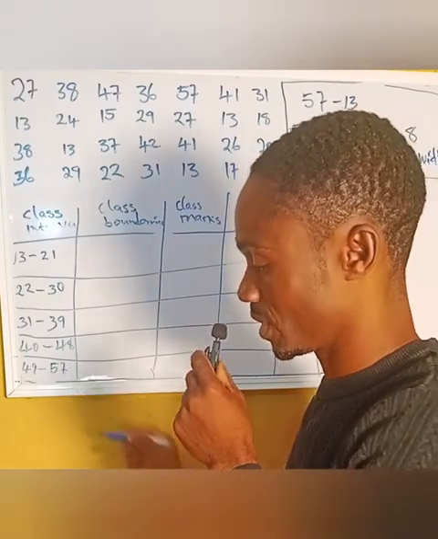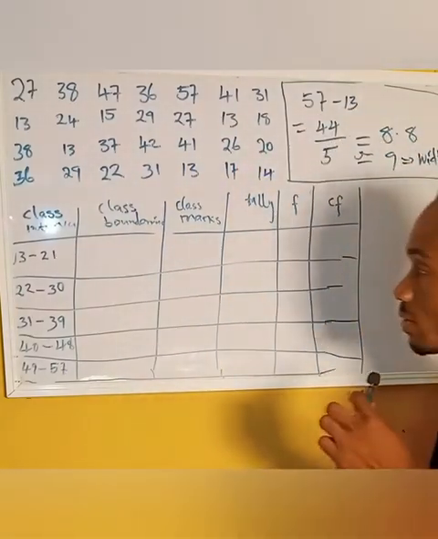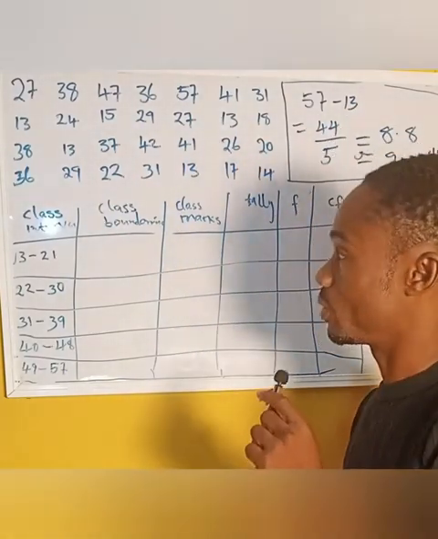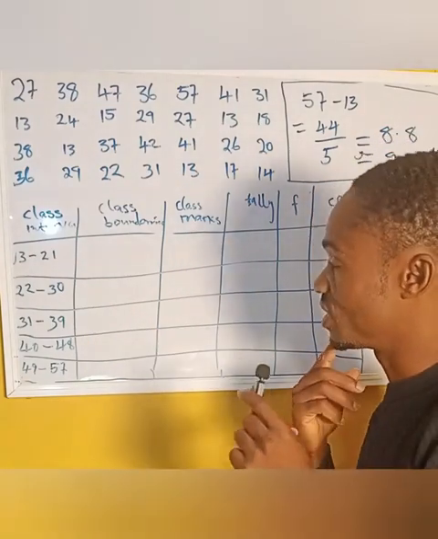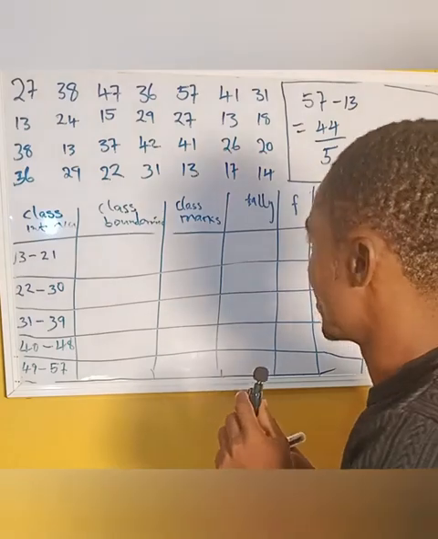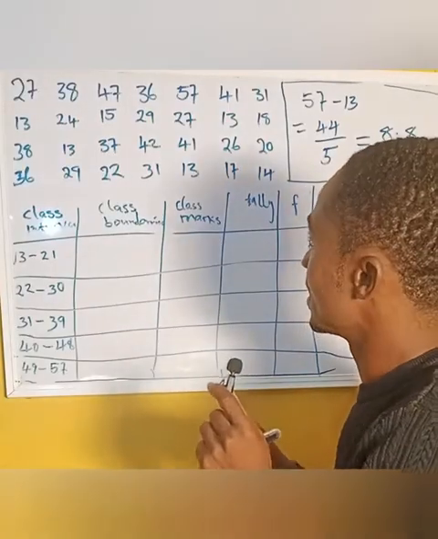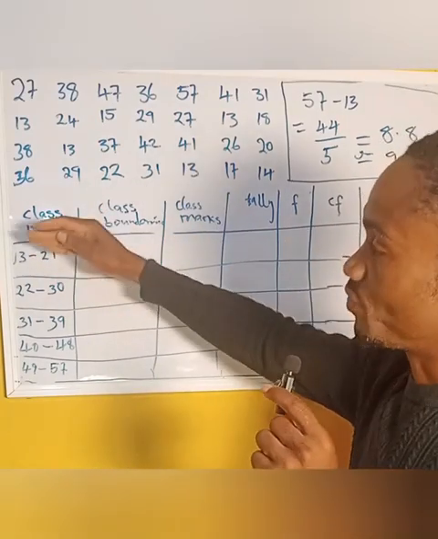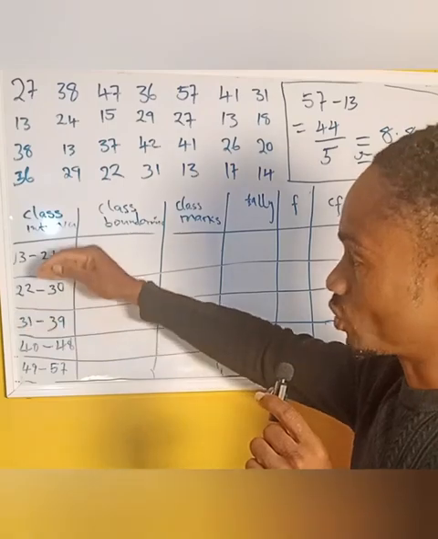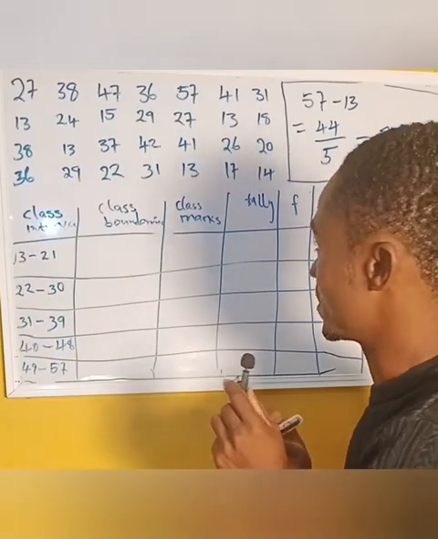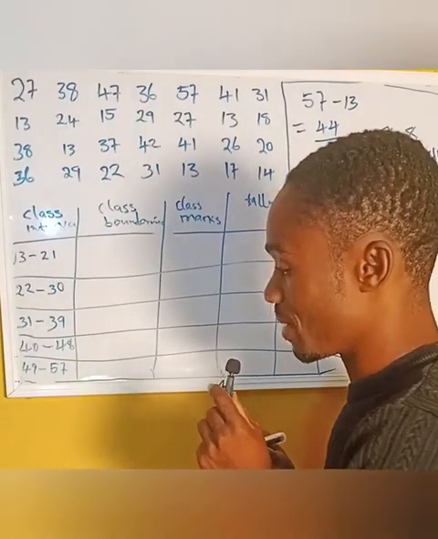So you have done constructing your class interval. What that simply means is that all of these data fall in between those intervals. Do you understand?